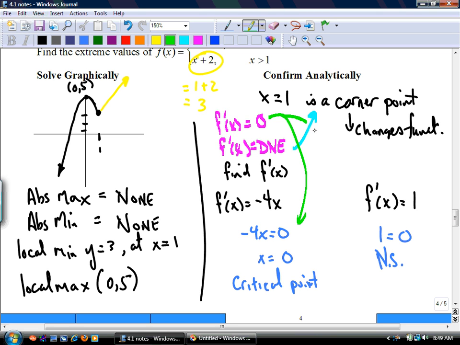This one is these two. Corner points, the derivative doesn't exist there, right? So we've got our x values now. We can go get our y values. When x is 0, what's y? When x is 1, what's y? There's our critical point.